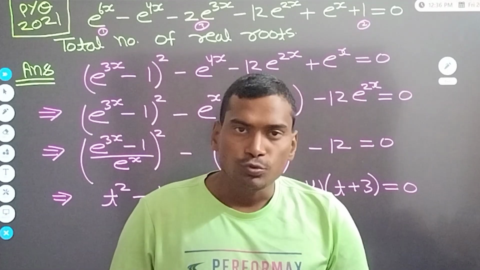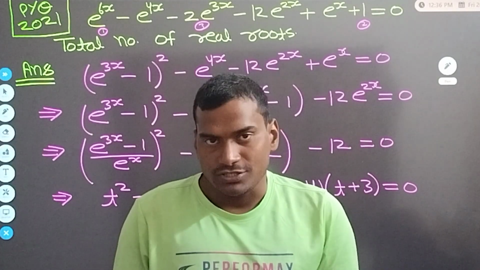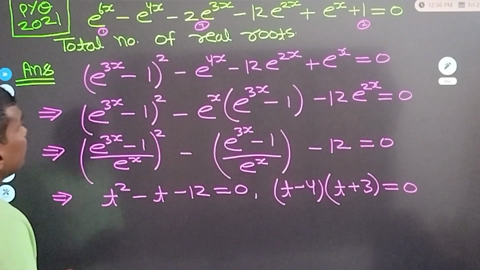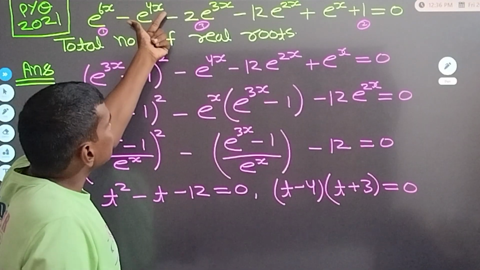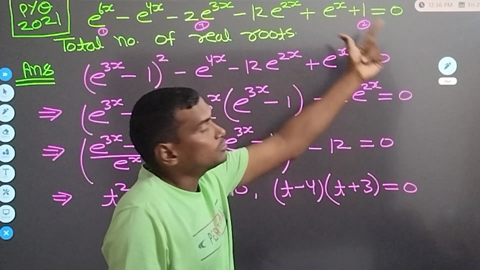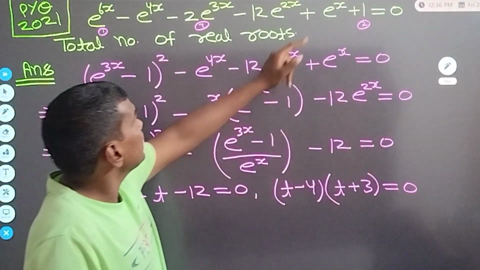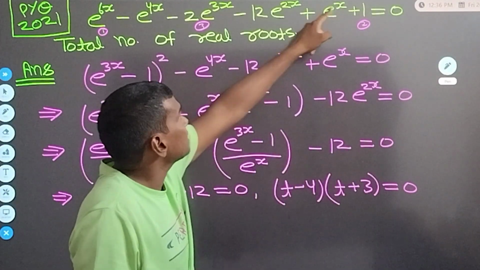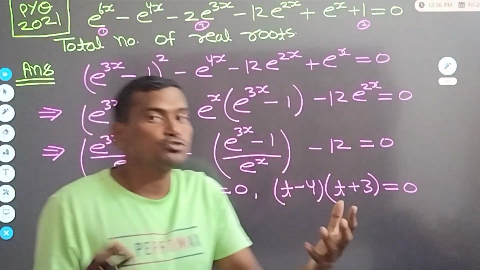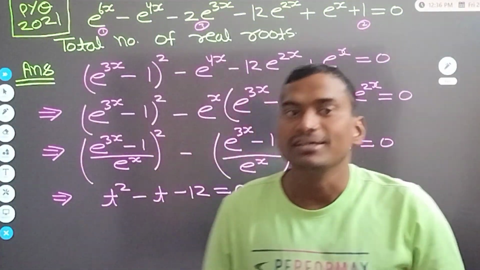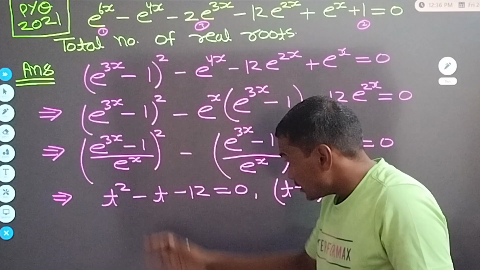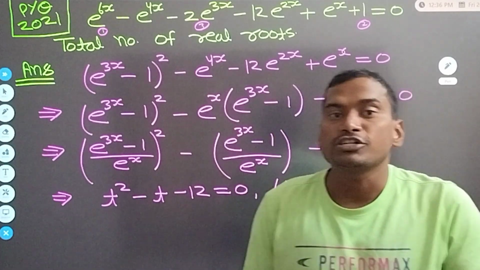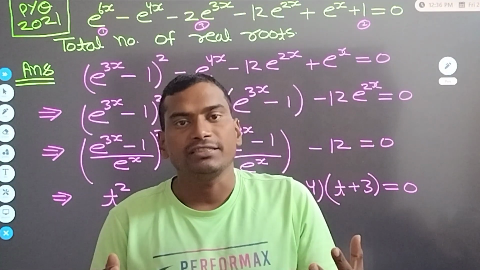See, students, we have solved many questions where we find the coefficients of the second term and the second last term to be the same. But here that is also not the case. Here we have e power x and e power 4x, so that way also we are not able to solve this question. Before seeing this solution, you should try the question by yourself, by your own method.